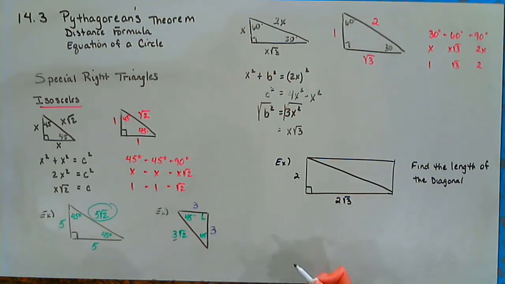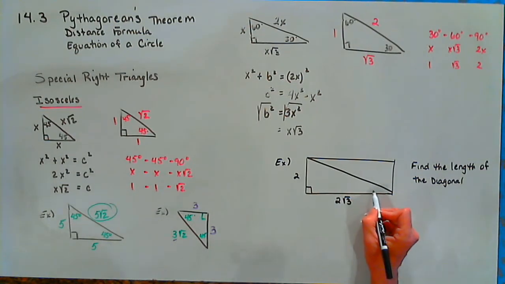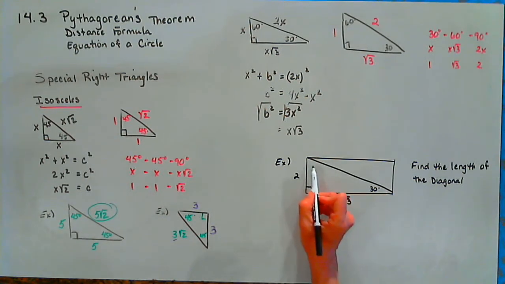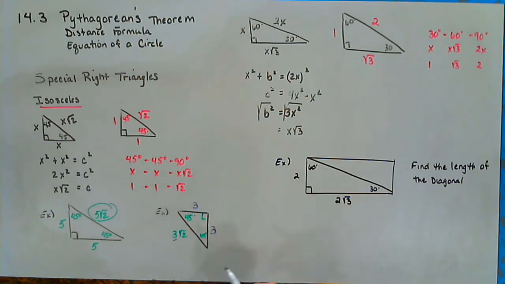So right now I may recognize it's one of our special triangles. But I'm going to go ahead and for now give you this and tell you that this angle is 30 degrees. So we would know that the sum of any angles of a triangle add up to 180. And so this one would have to be 60. And now you'll recognize, I hope, that that's our 30, 60, 90 ratio.